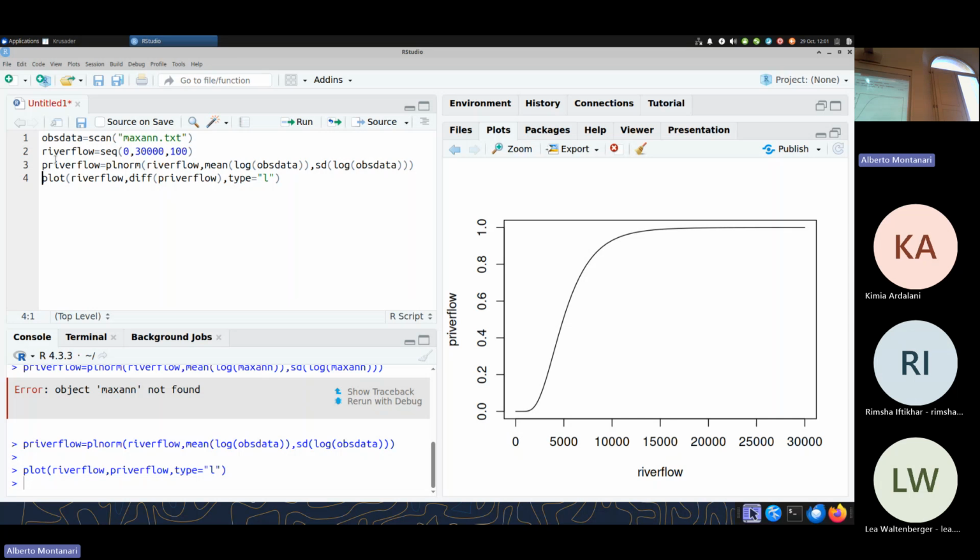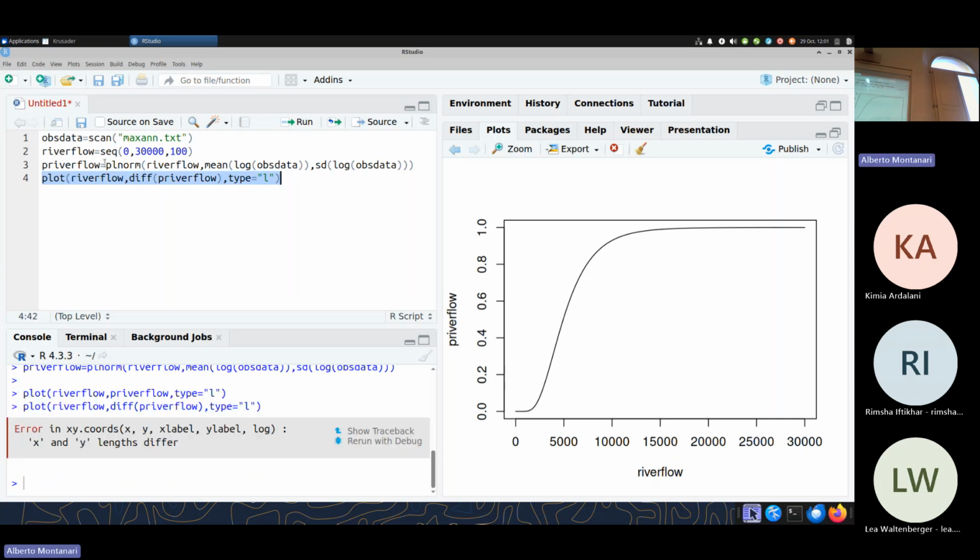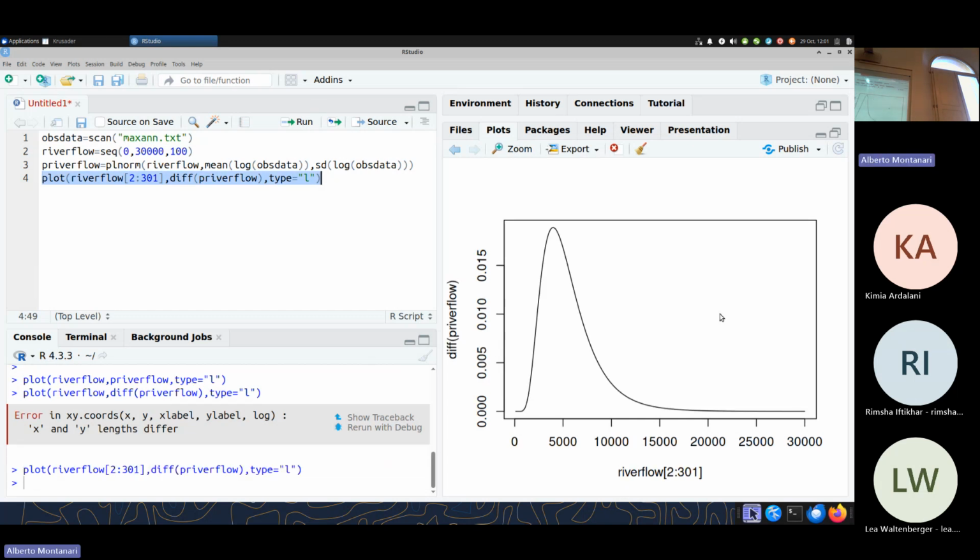The plot is not needed, it's just out of curiosity to see how it behaves. Sorry. Yeah, okay. P river flow, because the difference is one value less than the original vector. So here we have to put the P river flow ranging from 2 to 301. And now it should work. Let's see. Okay, this is the density, which is perfect.